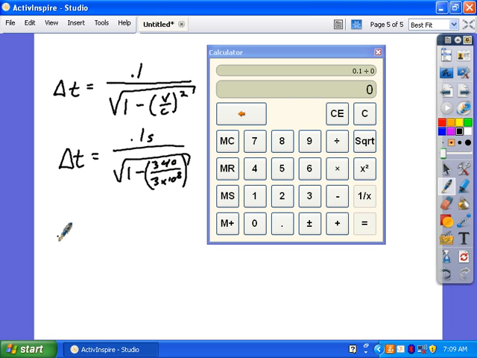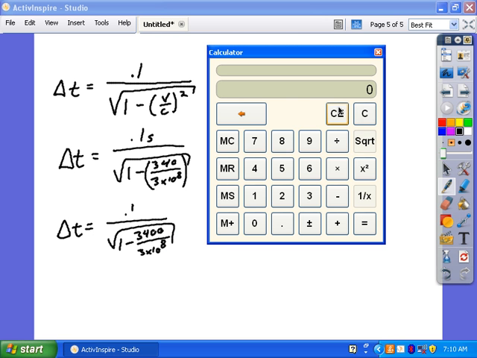Let's see what happens. The change in time equals 0.1 divided by the square root of 1 minus 3,400 over 3 times 10 to the 8th. All right, now what I'm trying to get you guys to see here is the smaller your speed is, the less impact overall this is going to have on the time dilation, the stretching of time.